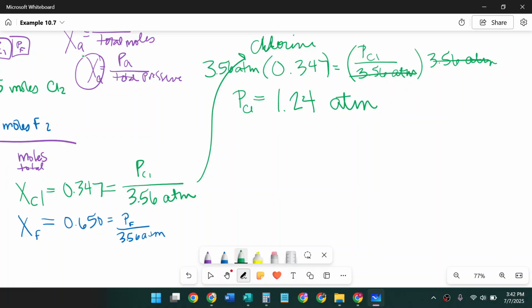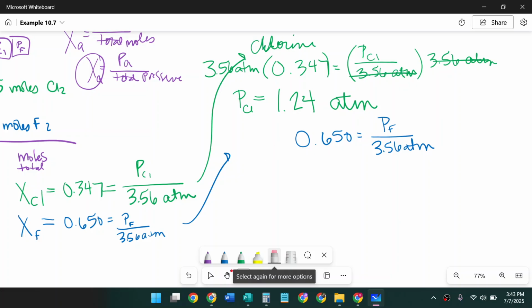All right, and then we can do the same thing with fluorine. So the X of fluorine, the mole fraction, is 0.650, and we know that that equals the pressure of fluorine divided by the total pressure of the gas. And we can multiply both sides by 3.56 atm.